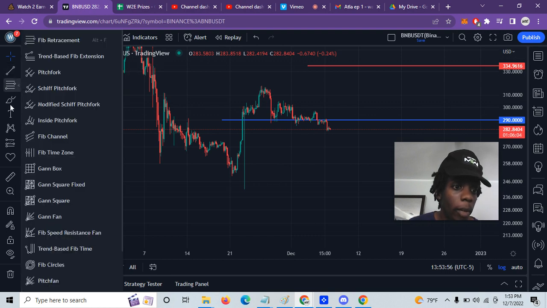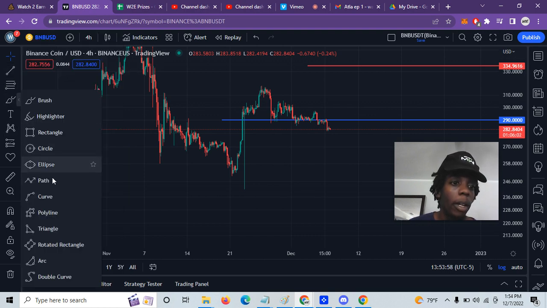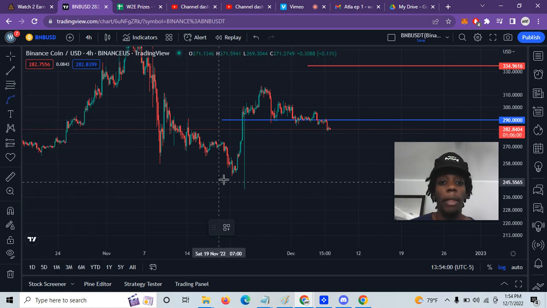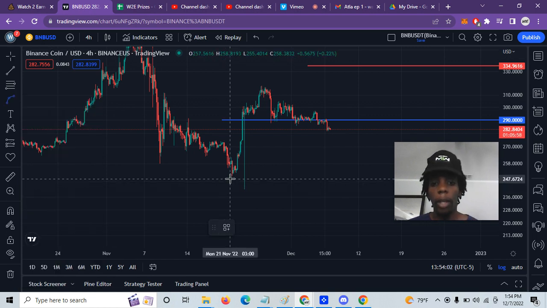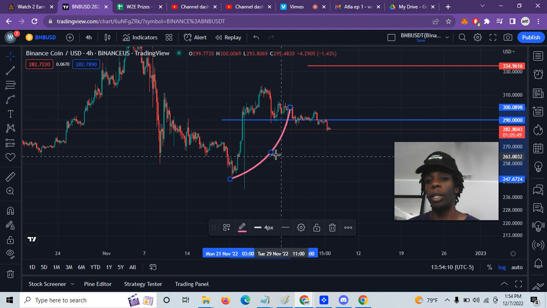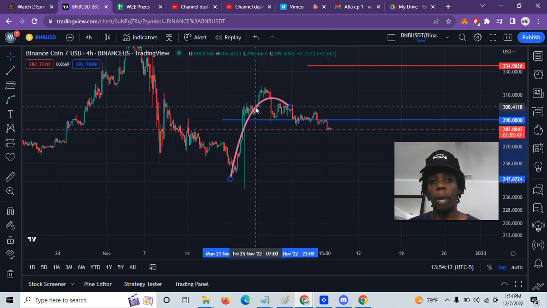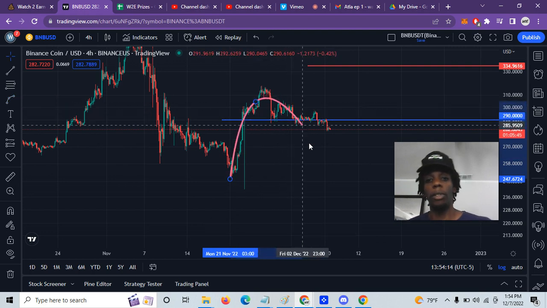So we go here, and this was drawn on the other one. Because we're trying to measure what the top of this is, we're going to be looking for a bearish price cycle.